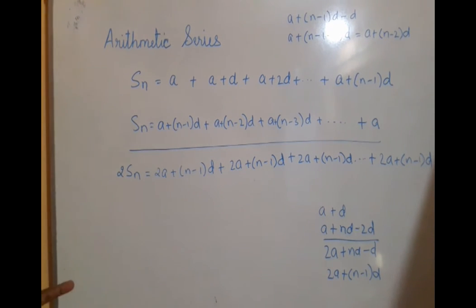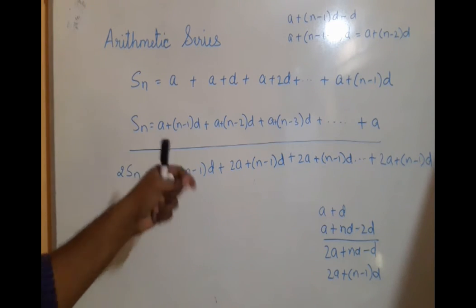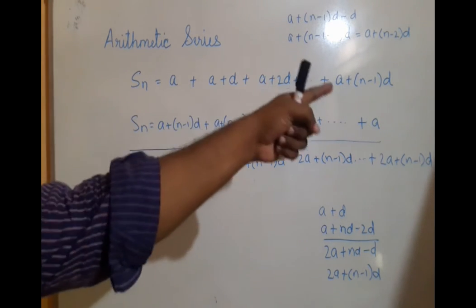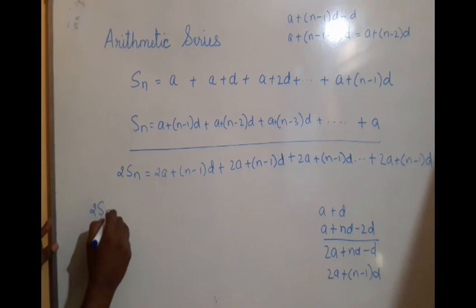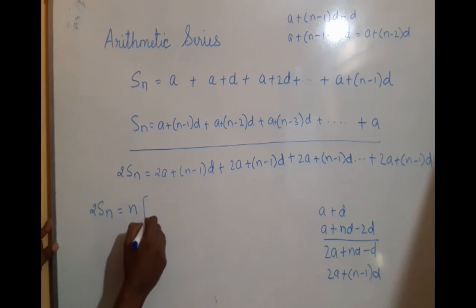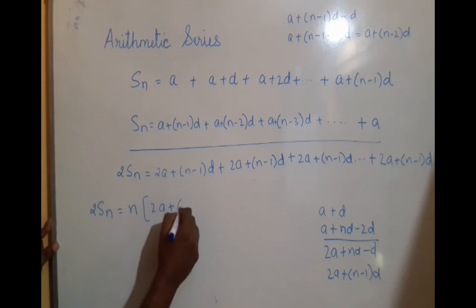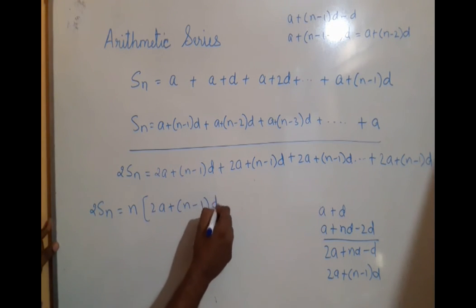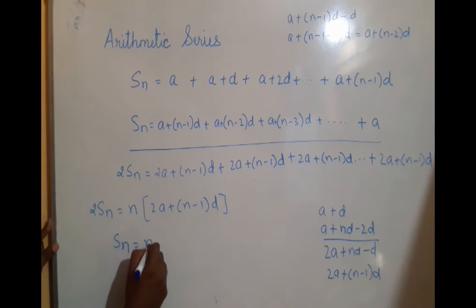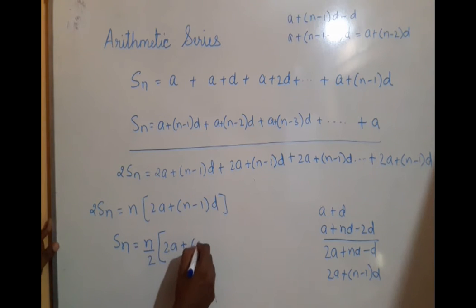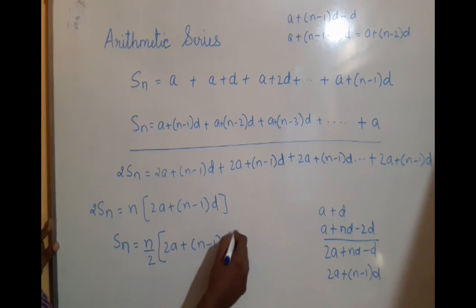In the previous example, we had 7 terms, so we got the sum 7 times. Here we have n terms, so this will be n times. So it becomes 2Sn equal to n into bracket 2a plus n minus 1d. And simplifying, we have Sn equal to n by 2 bracket 2a plus n minus 1d.